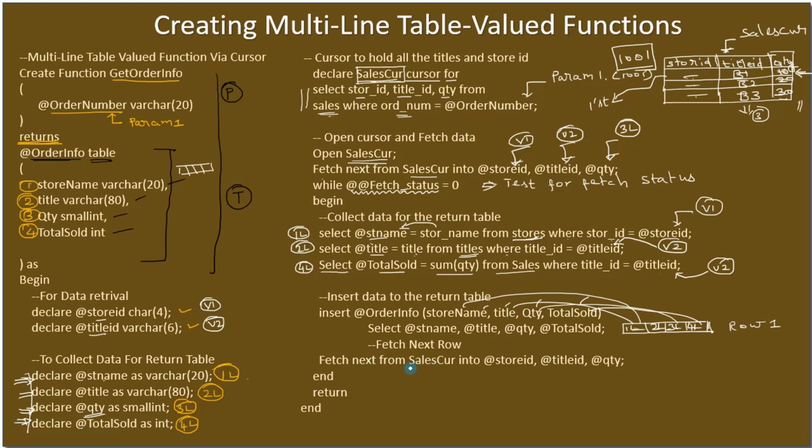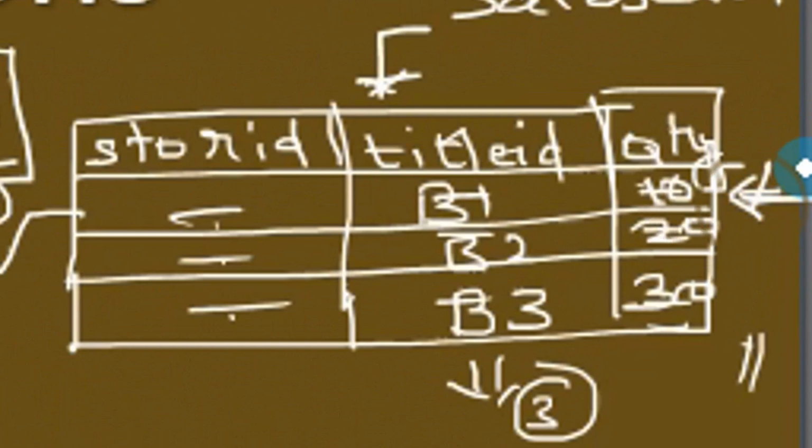Next, if you see, after doing the insert, we are doing the fetch again. Fetch next from sales cursor into store ID, title ID, quantity, like we did previously here. We are filling our V1, V2 and 3L. Right here, fetch next. So once you state fetch next, what happens? Previously the cursor is here, right? Cursor pointer.